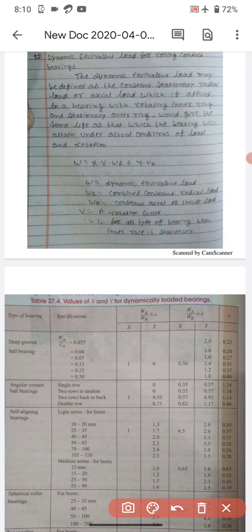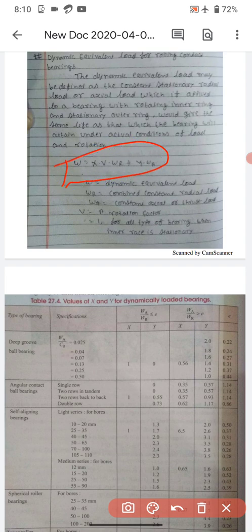Same type of definition, means actually you are not going to give the load, but in the calculation you assume that it will give the same effect if the load is applied.